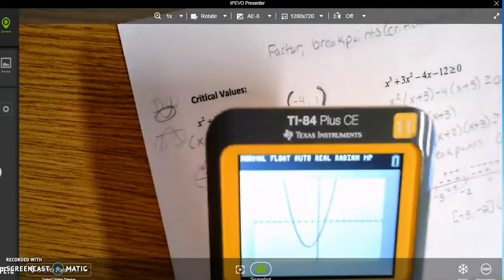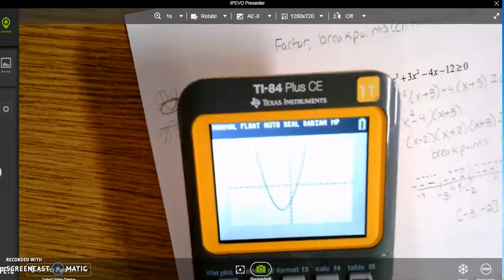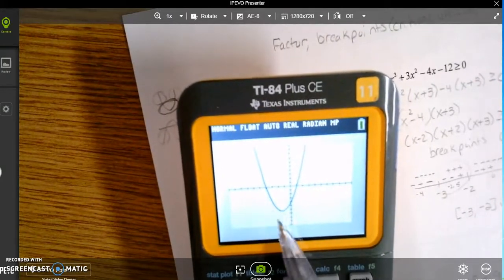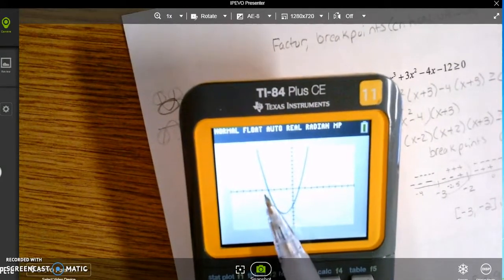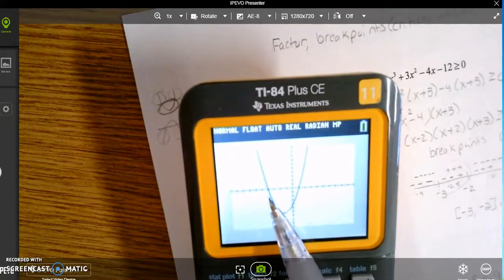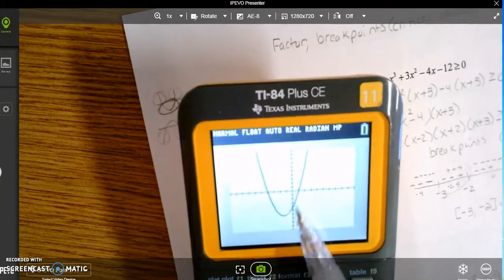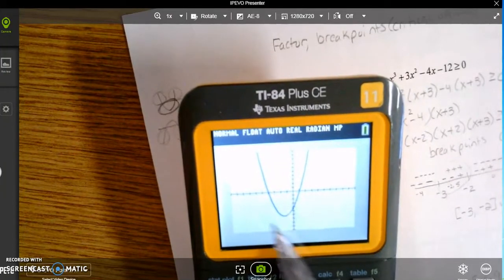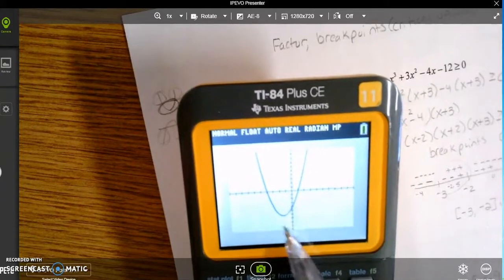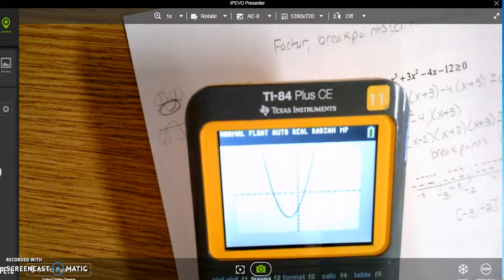What I'm looking for with my calculator is where is the graph negative? So the graph is negative right here because it's below the x-axis. So it's negative everywhere from -4 to +1. So graphically you can see that that's the area of the graph that is negative. Okay, so we'll keep going with this a little bit more if you look at the second video.